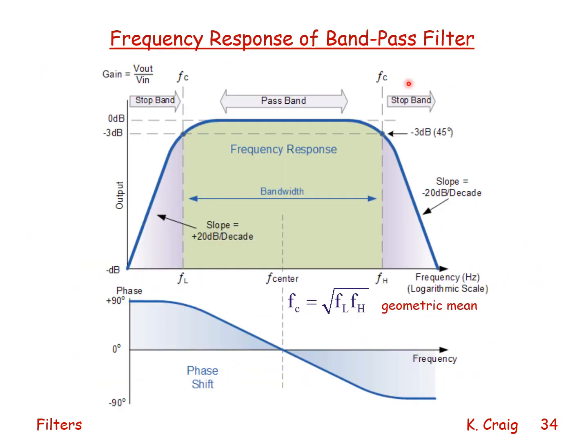Here is the frequency response of a bandpass filter. It's a general diagram. So it shows here for the high-pass filter the breakpoint frequency, the cutoff frequency, f sub L, is shown here. It's minus 3 dB below the 0 dB level.